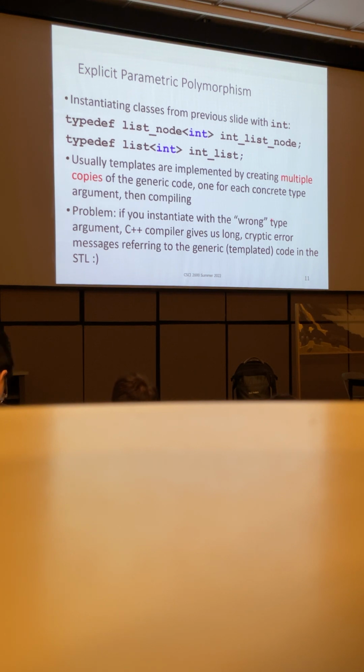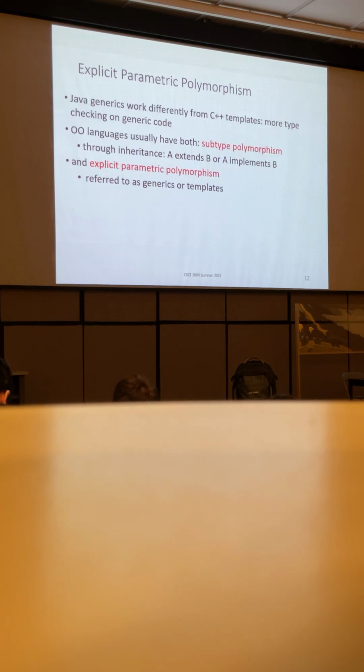So yes, I mentioned the massive amounts of unhelpful error output for C++. All right, so in Java, parametric polymorphism is implemented using a mechanism that is known as generics.